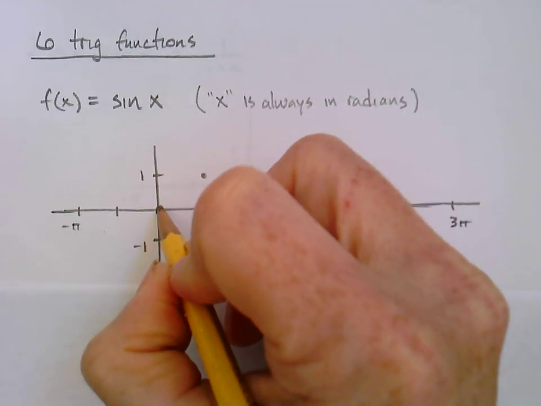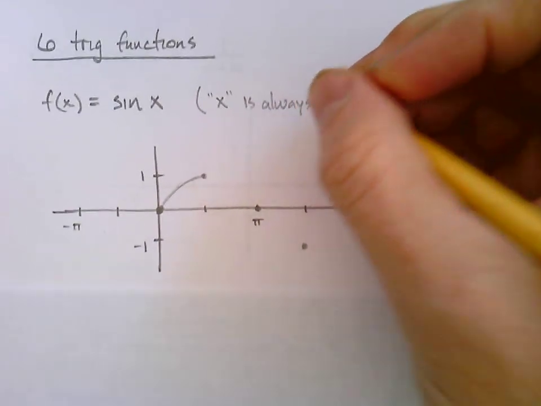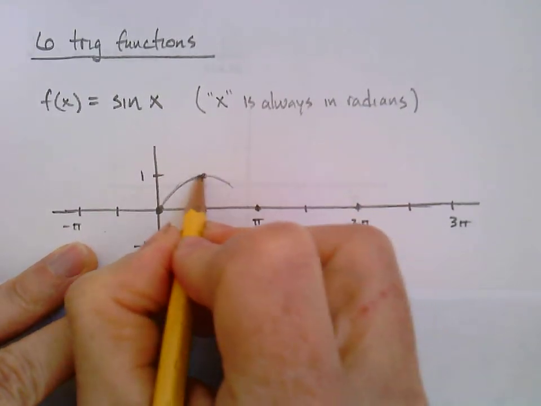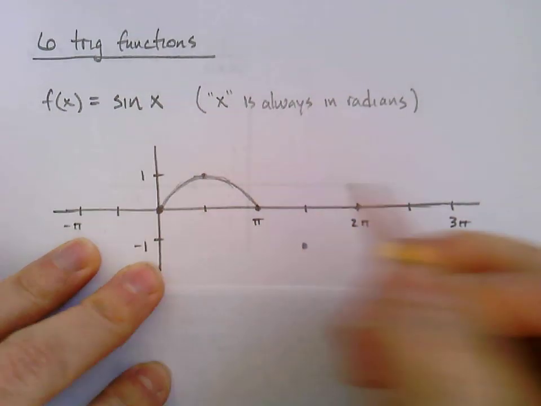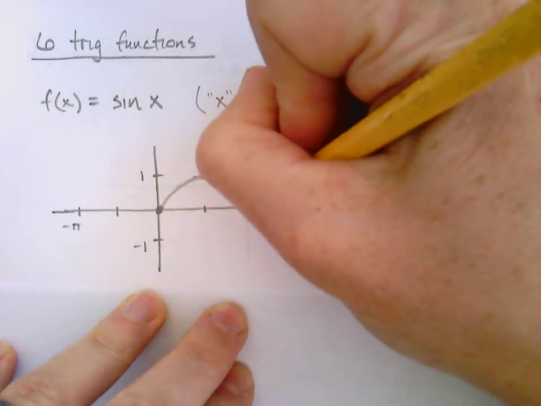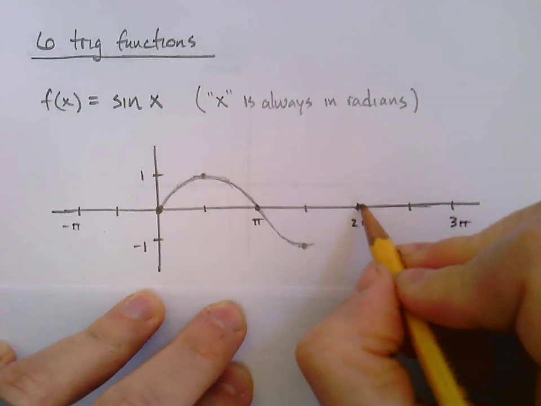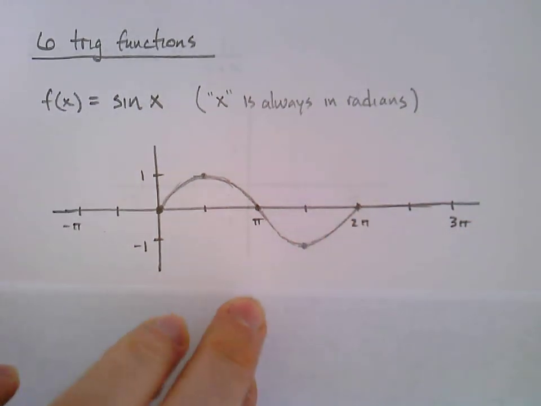And so if we draw that, it's got this gentle curve, comes up to the peak. My drawing's not perfect, but it comes down like that, and then it's going to keep going this way, round out there, keep going like that.